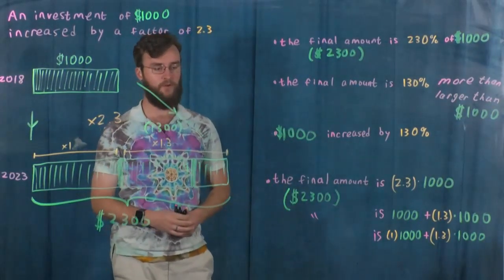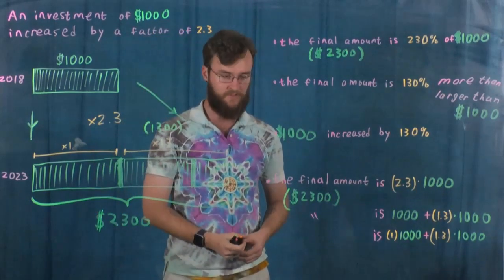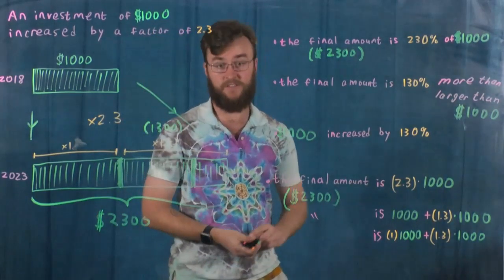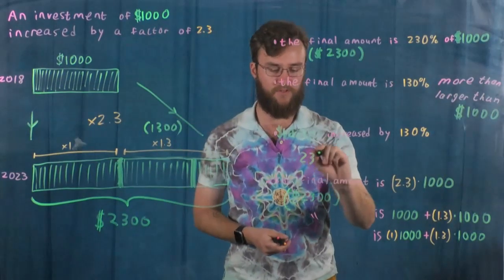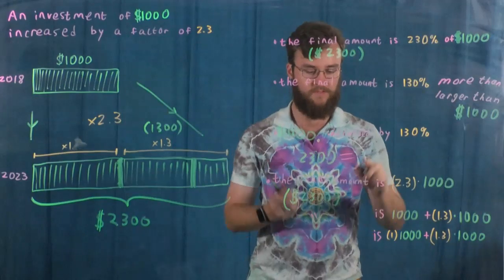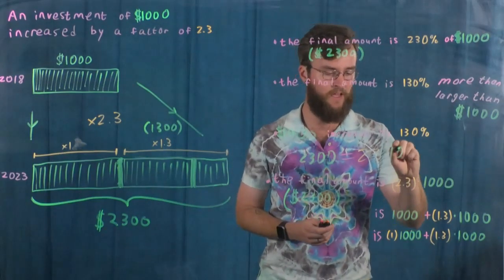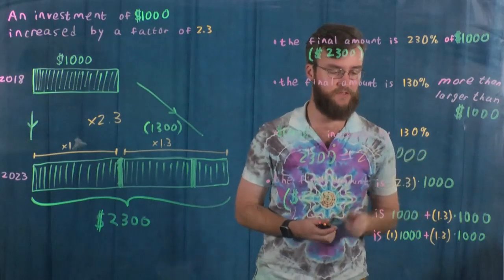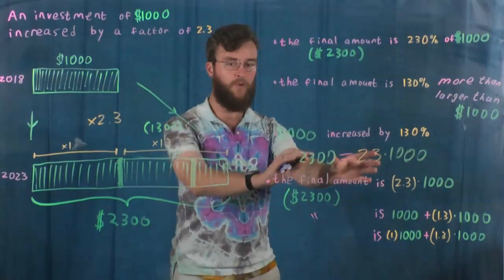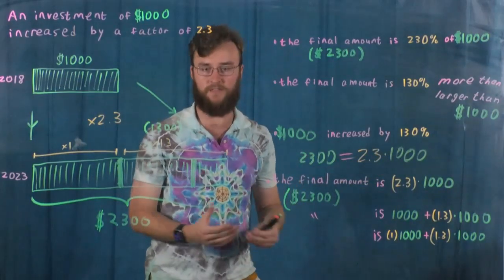And then going to more mathematical ways to say it. The way you would write this out just as an equation is you'd say 2,300 is equal to 2.3 times 1,000. I don't think that relationship has given anyone too much trouble, but the way you break down this equation is what's going to tell you what is and is not the answer to this question.